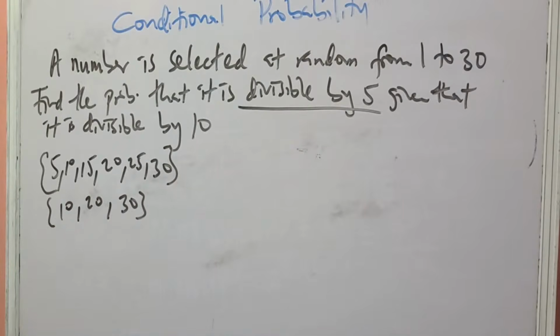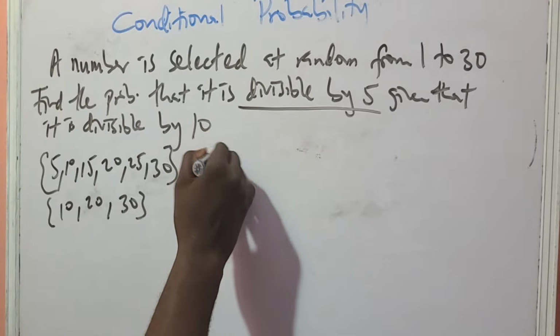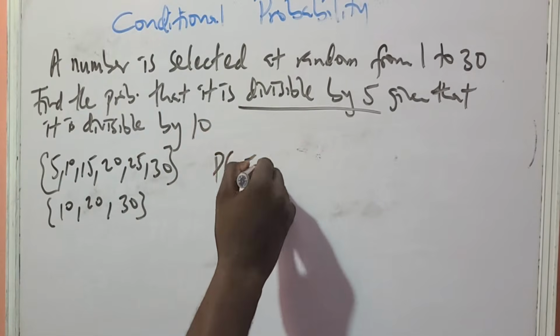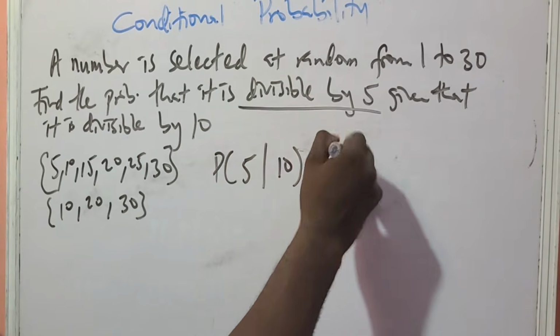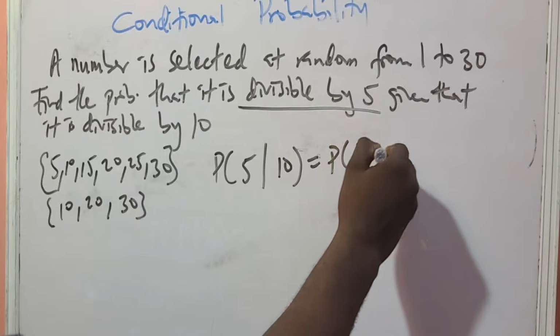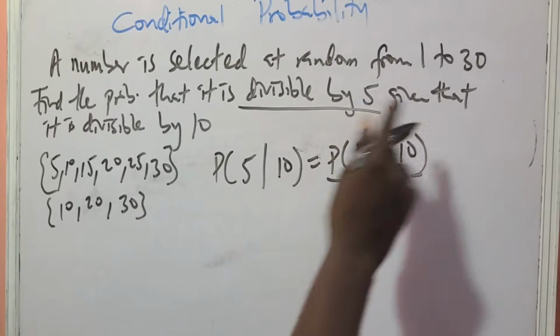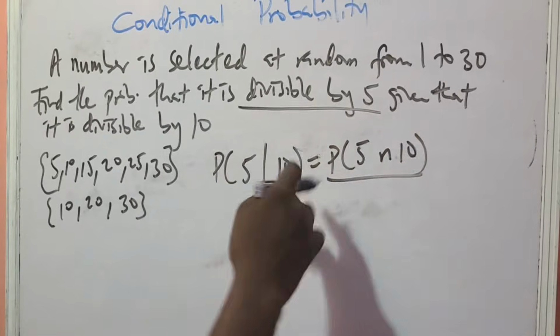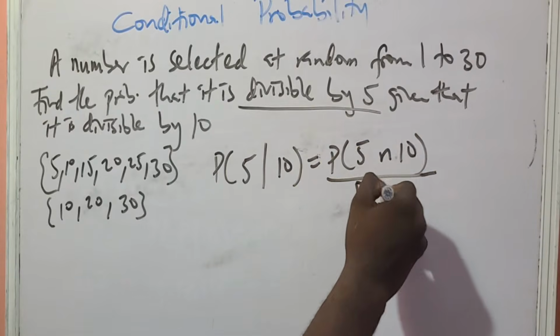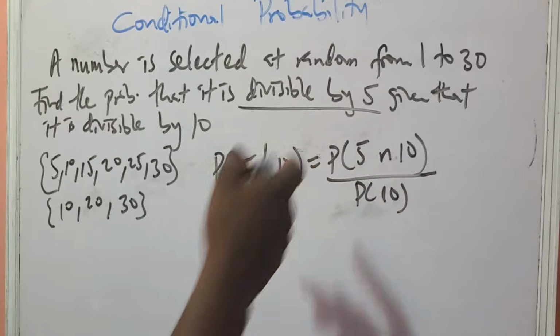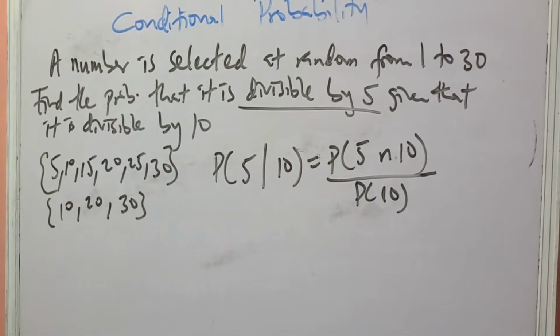So, of course, you know that the probability that it is divisible by 5, given it is divisible by 10, will be equal to probability of 5 intersection 10. You understand what I'm doing there? These nomenclatures can vary from whoever is solving it, so you don't have to write the same thing I'm writing, as long as you are flowing with the right thing.